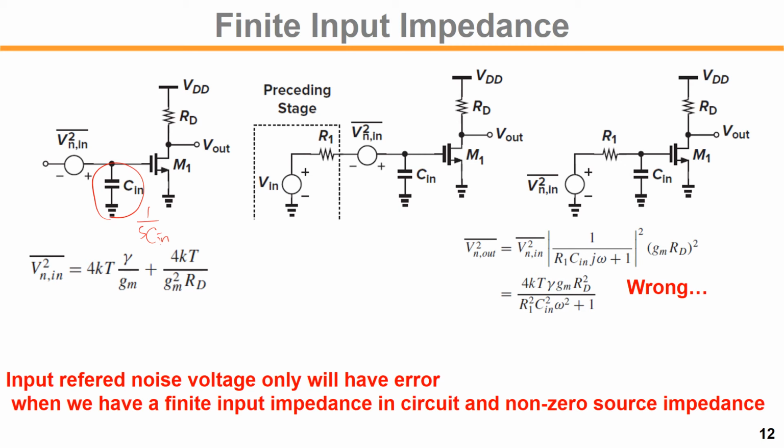For this kind of amplifier, we calculate the input reference noise voltage source by tying the input to ground, measuring the output noise voltage, and dividing by the voltage gain. Then you will get this kind of input reference noise voltage. In that case, we ignore the flicker noise.